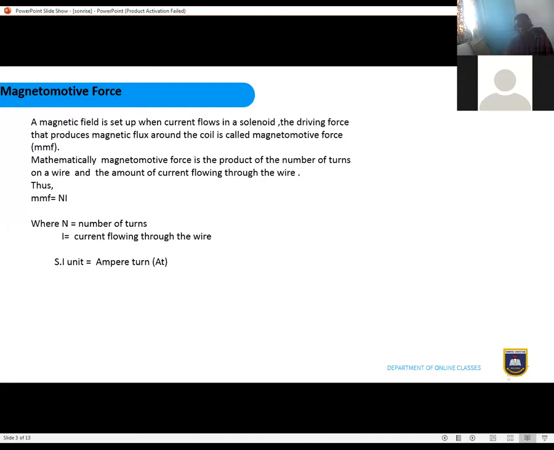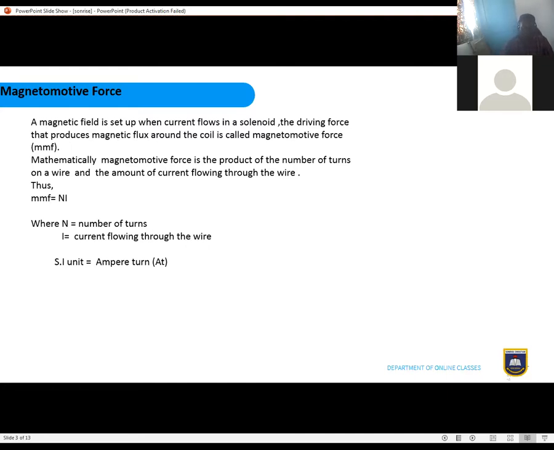And its SI unit is the ampere turn, or in some books you see ampere. The ampere turn is there because it's the number of turns times the current, and current is measured in ampere, so you attach the turn to it, which gives the ampere turn.